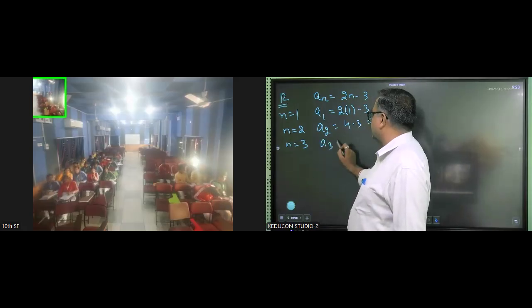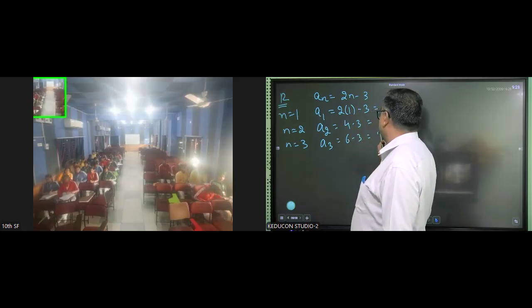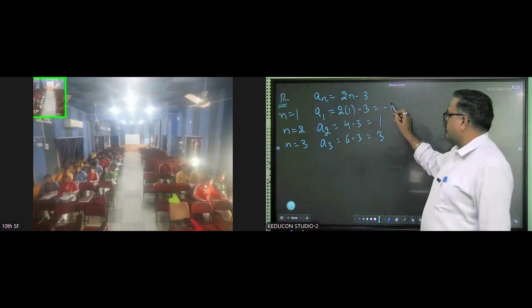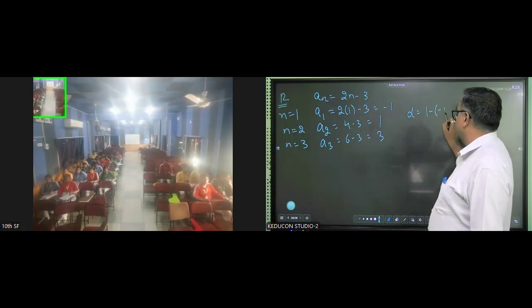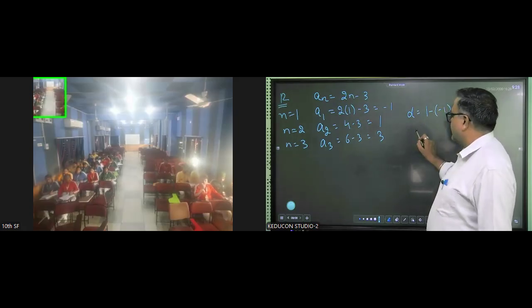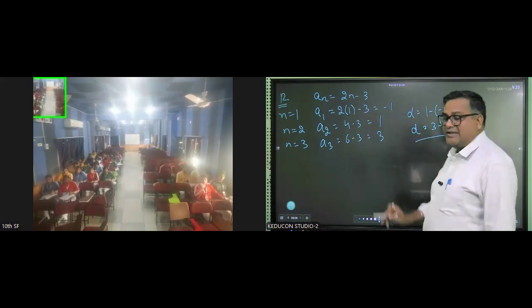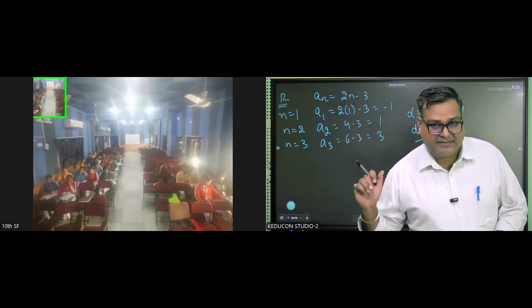Replacing with 3, 3 twos are 6, minus 3 is 3. So what is the difference A2 minus A1? 1 minus minus 1, so D will be 2. Here also D is 3 minus 1, that is 2. That means it is an AP. Right? Is this clear, bacho?